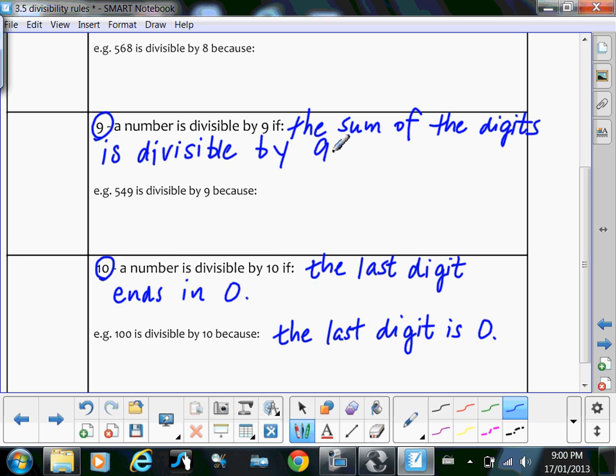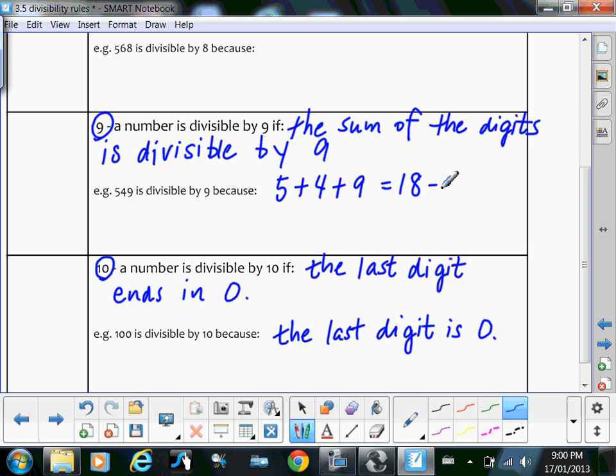So, using the same example here, 549 is divisible by 9 because, again, we're going to break it up, 5 plus 4 plus 9, okay? So go ahead and add that up and pause the video if you want to. Okay, so what you should have gotten was 5 plus 4 plus 9 equals 18.